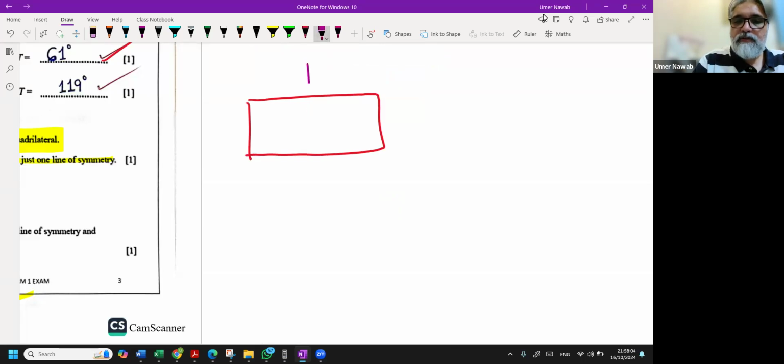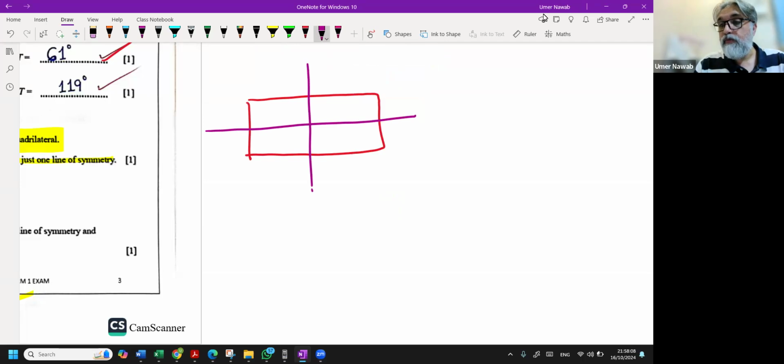How many lines of symmetry does it have? It has 2 lines of symmetry and order of rotation 2, because if you rotate it about the center 360 degrees, how many times will it repeat? 2 times. So order of rotation 2 and 2 lines of symmetry.